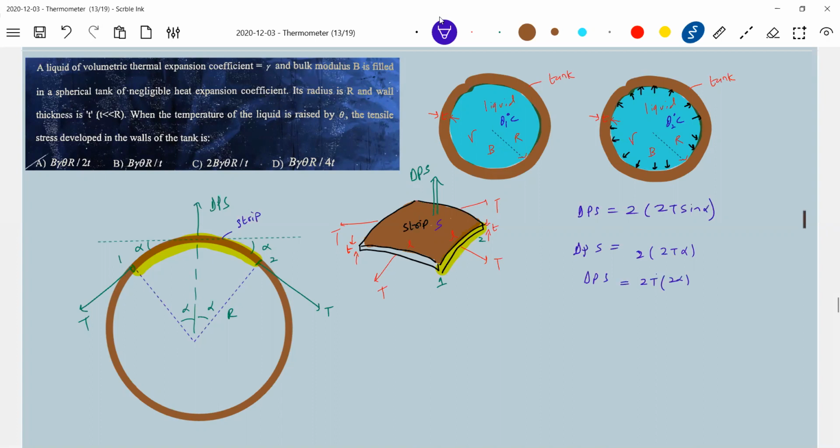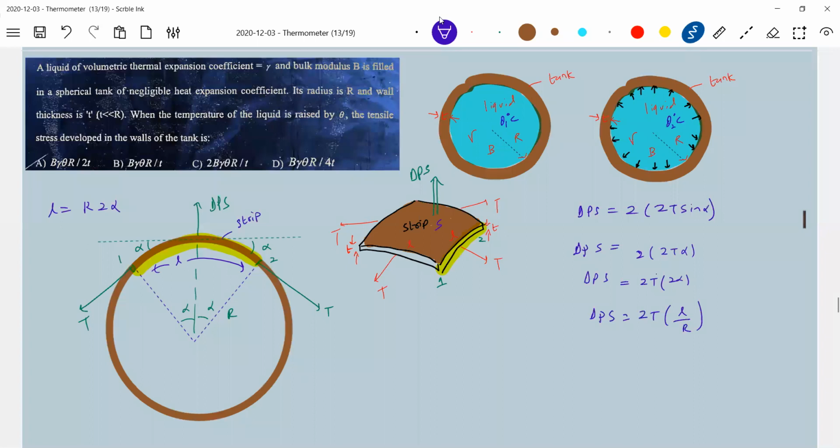L should be equal to R into 2 alpha. Arc length. This is the arc length. So therefore 2 alpha, what you can write? L by R. Till here, okay?